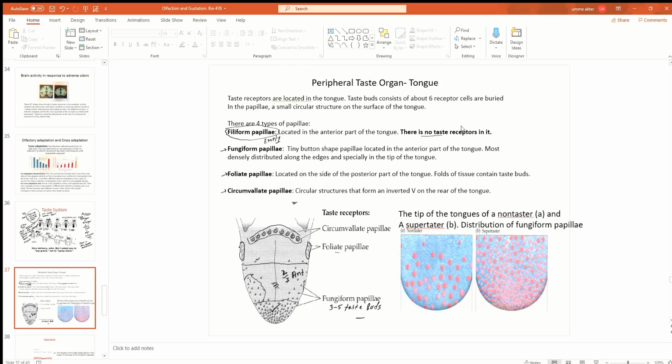The number varies between 8 and 12. Each circumvallate papilla contains about 200 to 700 taste buds. So foliate has a few hundred taste buds per papilla.